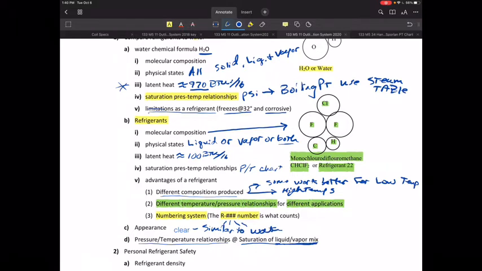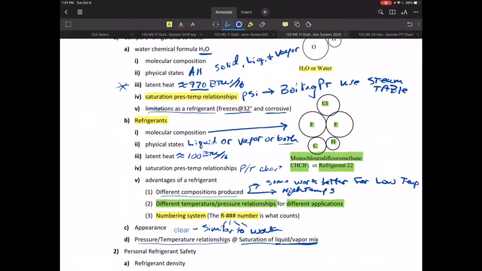We can get a little deeper: technically, a saturated liquid in a pure substance has one unique pressure-temperature relationship, and a saturated vapor has a specific pressure-temperature relationship. Sometimes they're the same, sometimes slightly different. That is one of the complexities.